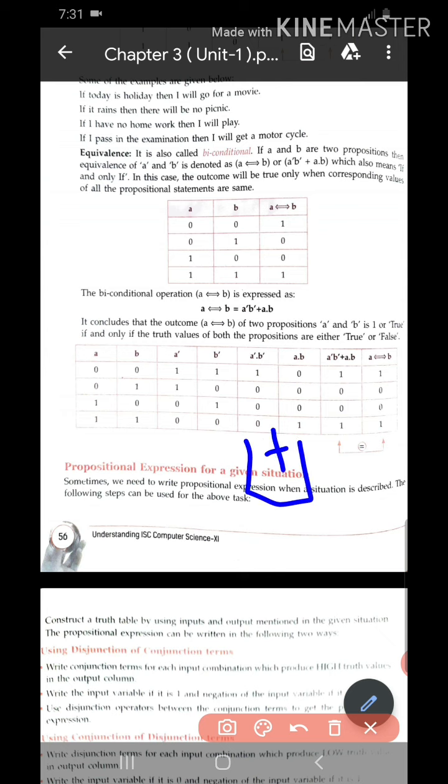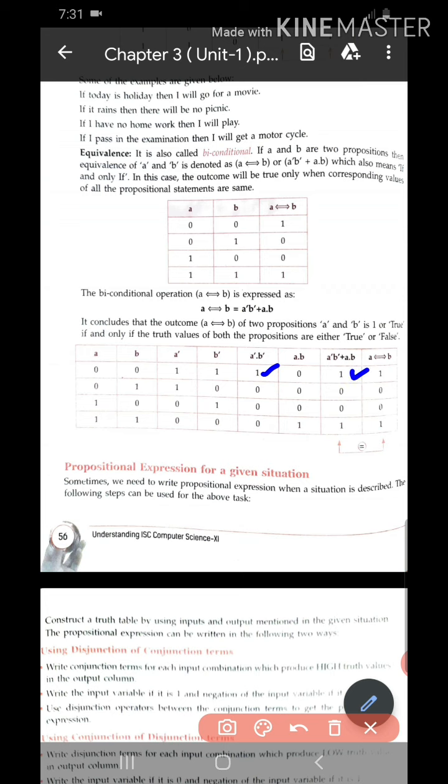Plus says either of the conditions should be true, either this or that. In the first row, A dash B dash provides us 1, then the answer is 1, either one, any one. In the second row, we are having both 0.